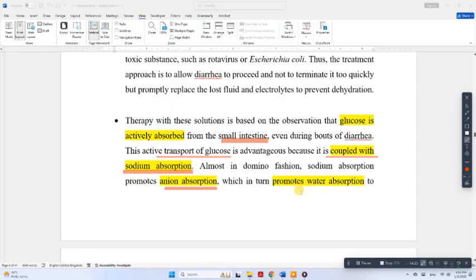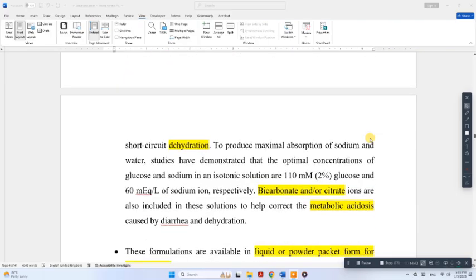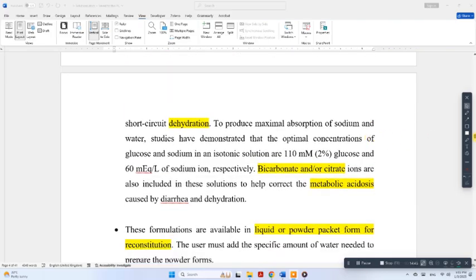So automatically, you will have sodium, for example, let's say for the argument sodium citrate or sodium chloride, getting absorbed. If sodium chloride gets absorbed, then water must accompany that. You cannot have sodium chloride getting absorbed without water being absorbed. So what's going to happen? In this case, glucose, sodium cation, and an anion, the anion can be chloride, citrate, or bicarbonate, will be absorbed.